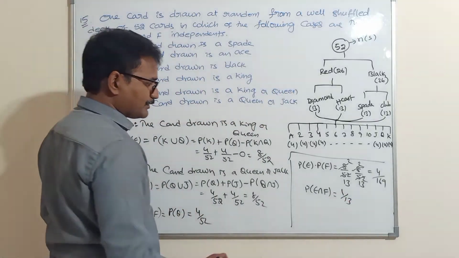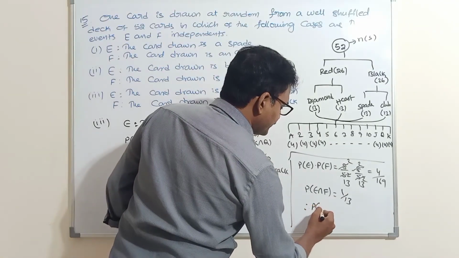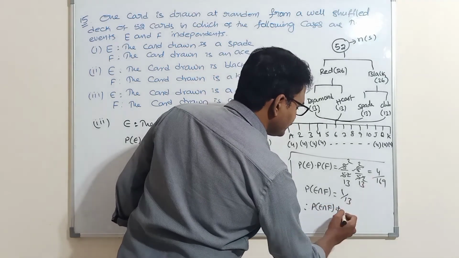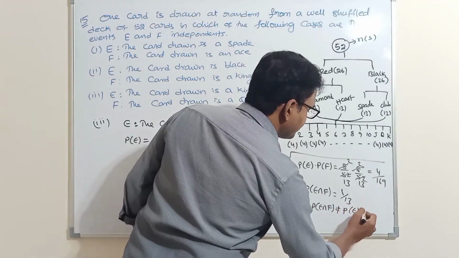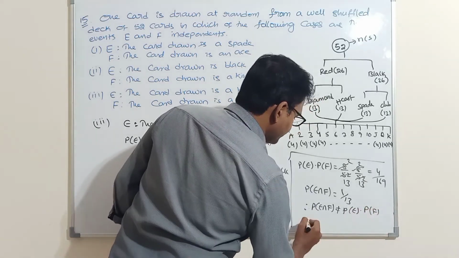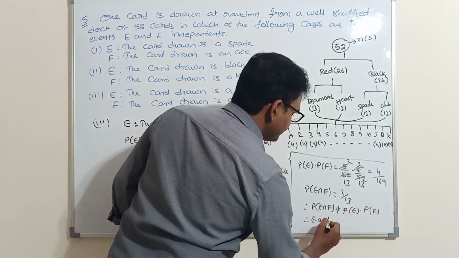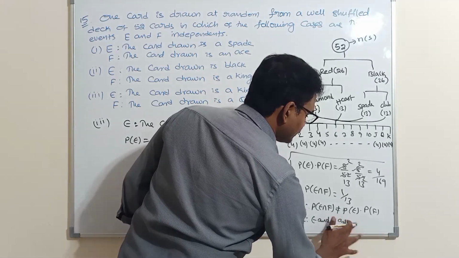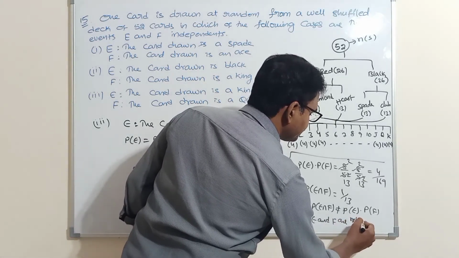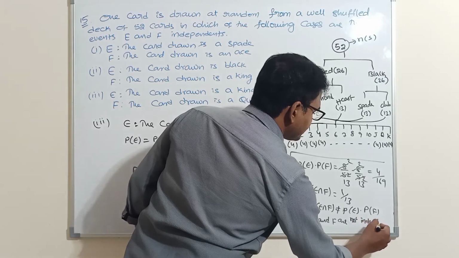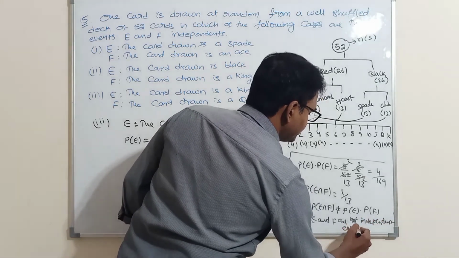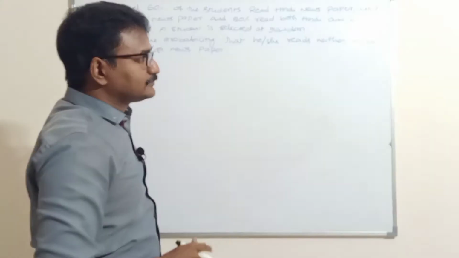Therefore, P of E intersection F is not equal to P of E into P of F. Therefore, E and F are dependent events, not independent events.